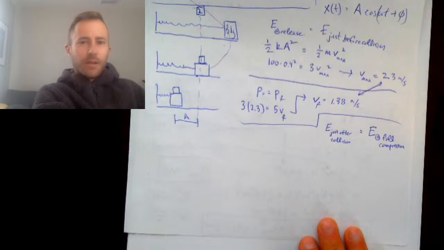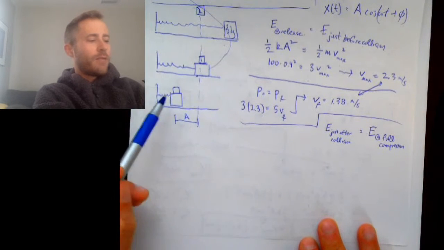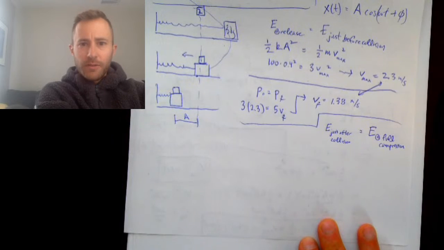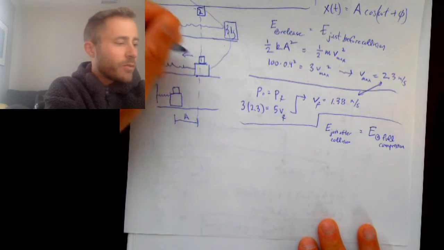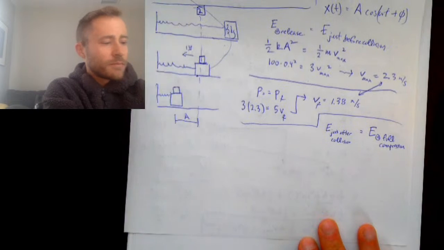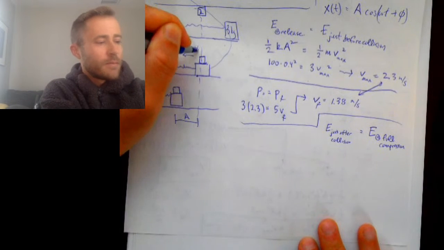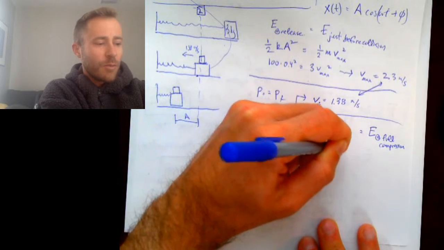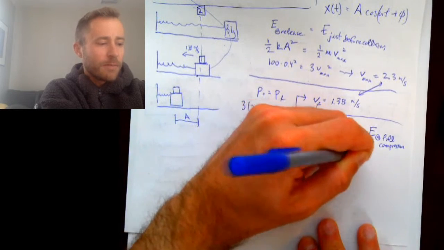Just after the collision, we have 5 kilograms moving to the left at 1.38 meters per second. So we have 1/2 times 5 times 1.38 squared.